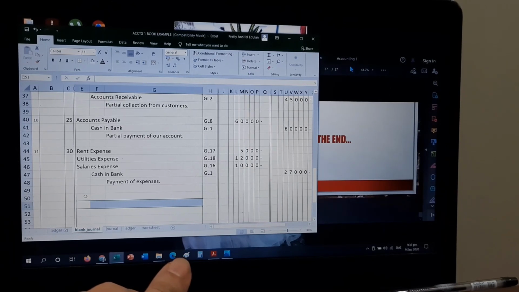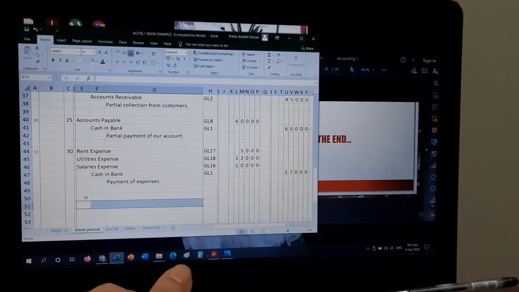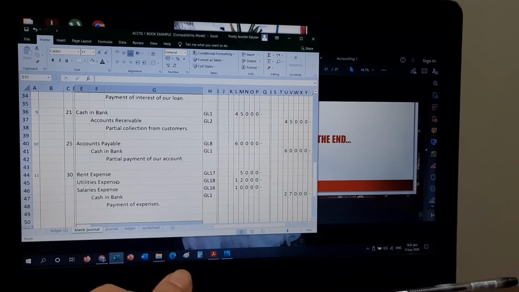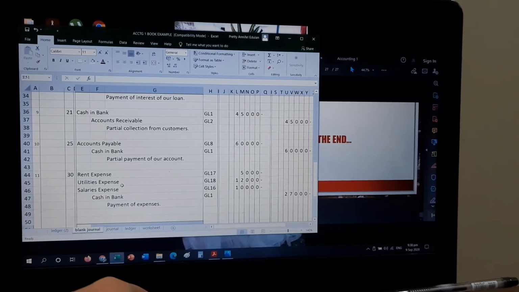Hopefully, you have the correct answer. When you make the ledger, please follow the answers that I have shown you, so that you are already assured that what you are looking at for the journal has the correct answer, meaning your bases are already correct.